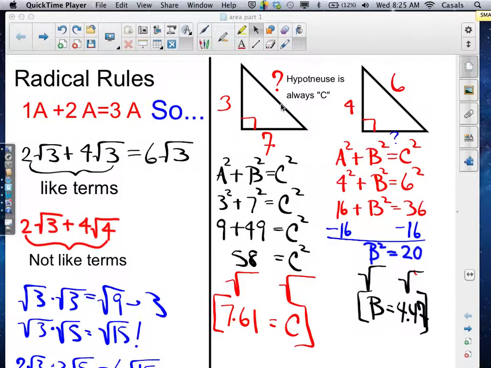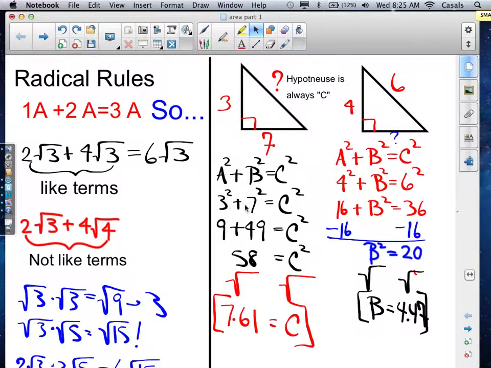So the hypotenuse, which by the way is across from the right angle, it's always the c in your equation, okay? So these both can be a and b, or b and a, doesn't matter, but this side here has to be c.